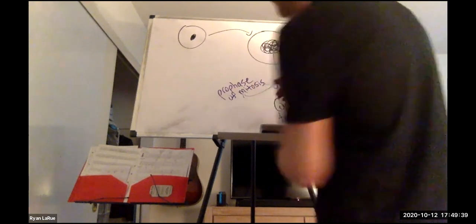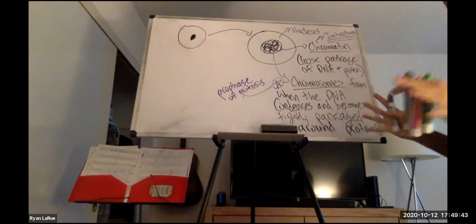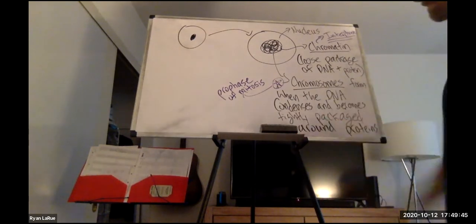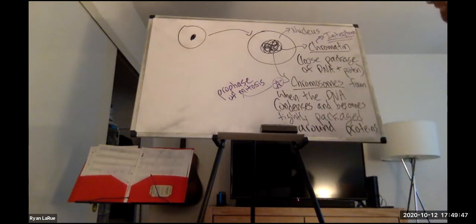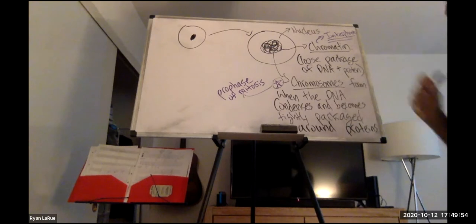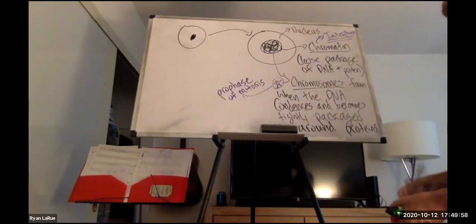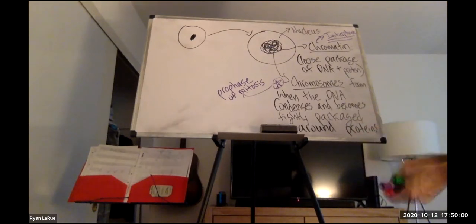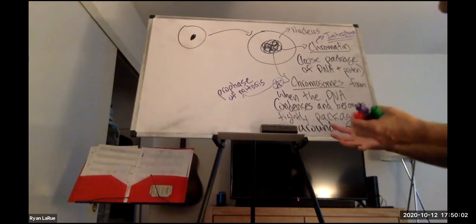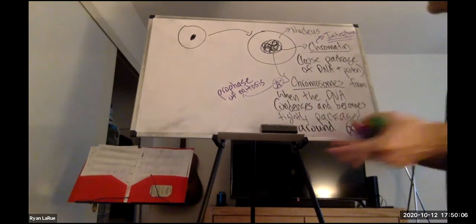But I just like to implant it into your head, giving you the broader picture of where we're going. So this condensing of chromatin happens during mitosis, which you will learn is the process of how cells divide into two. One becomes two.